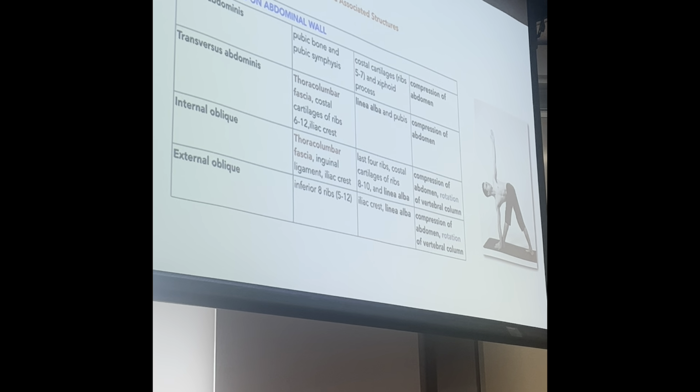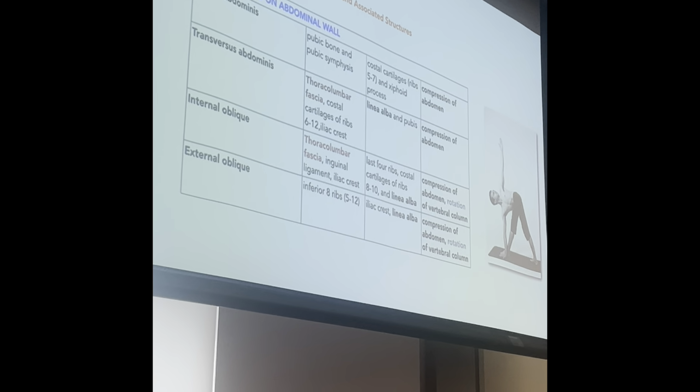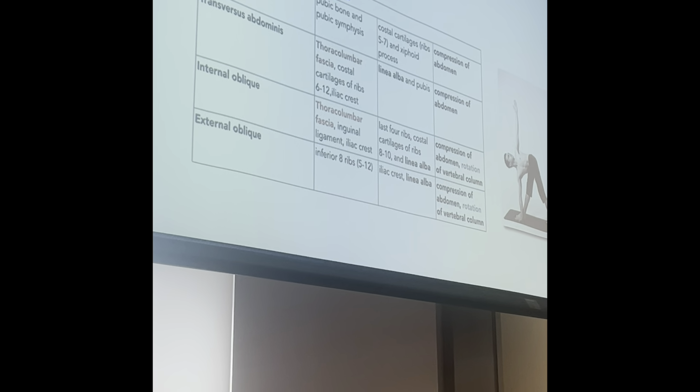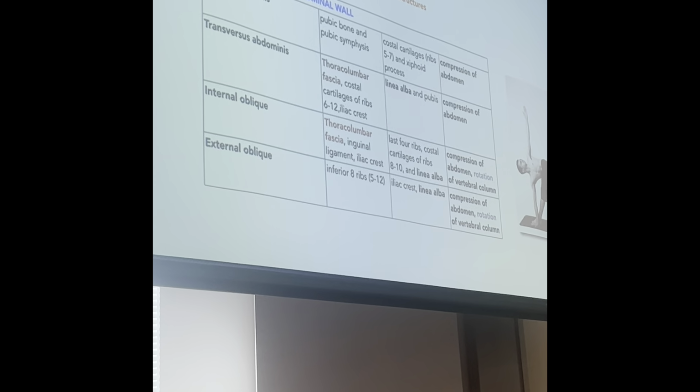The other thing that's difficult for these is origin and insertion. I'll tell you that the reason I'm highlighting these two here is because they share a common origin. So you'll get a question about that. Which two share that common origin? Transverse abdominis and internal oblique. They both originate from the thoracolumbar fascia.